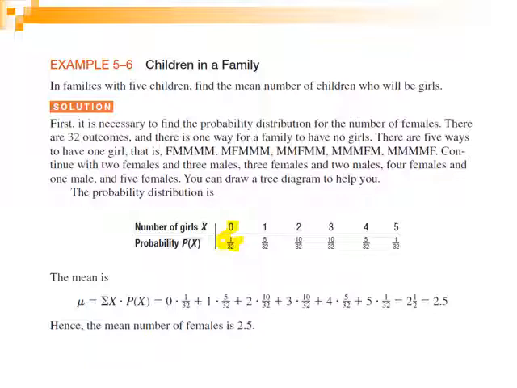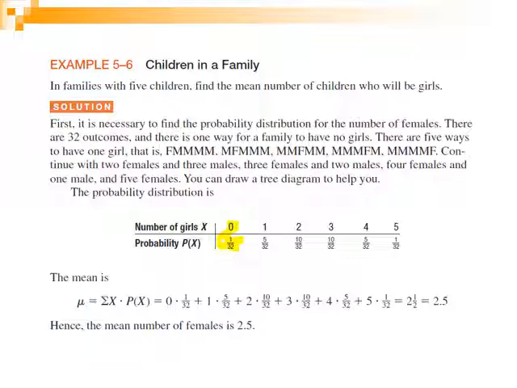From the tree diagram, this is the case where all are males, and this case is not repeated, only one time. So the result is 1 over 32.